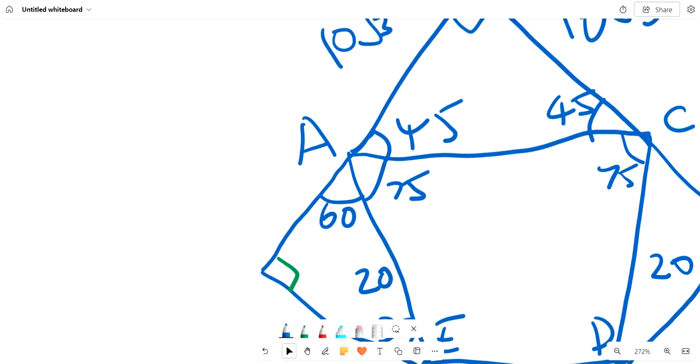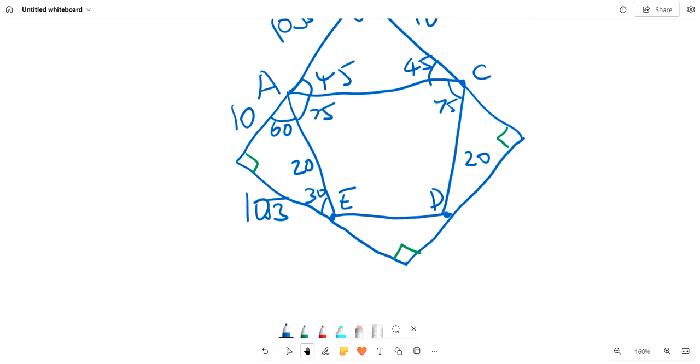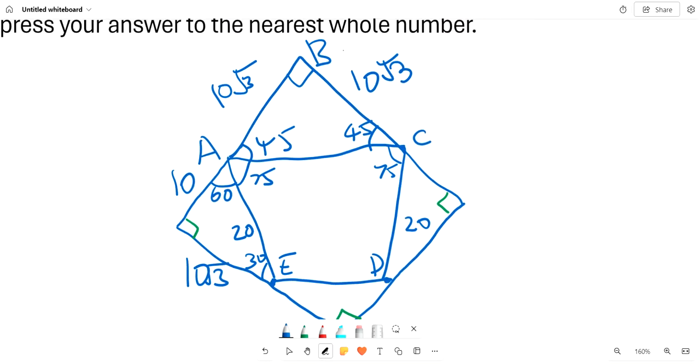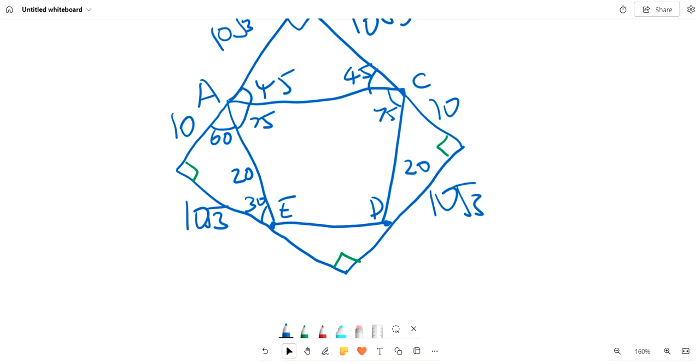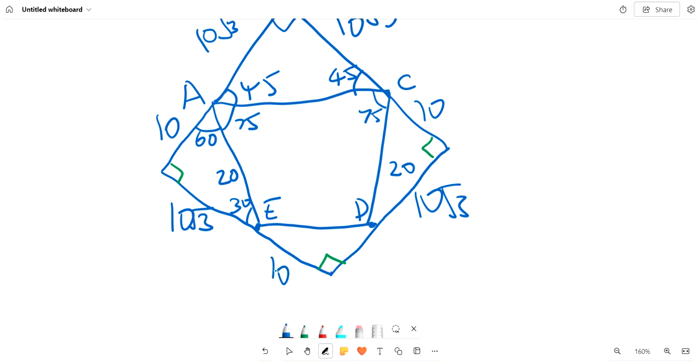And so this is going to be equal to 10 root 3 because it's the angle opposite 60, and this is equal to 10. And same thing over here, it's just 10 root 3, and this is 10. And so then we know that this is 10 and this is 10, I think.